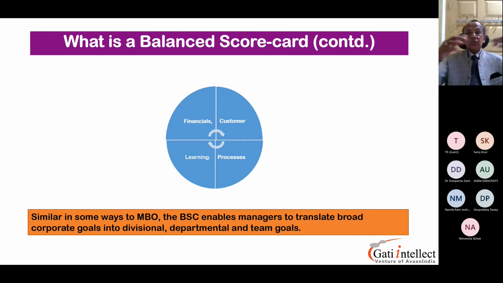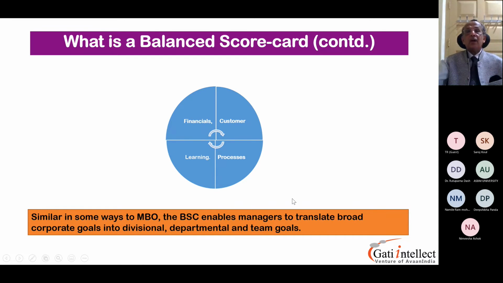So you've got to have a holistic view as to how the organization has to move. People say that the balanced scorecard, in some ways, is similar to MBO, that is management by objectives. There are lots of differences between the two. The balanced scorecard enables managers to translate, as we said, corporate goals into divisional, departmental, and team goals.